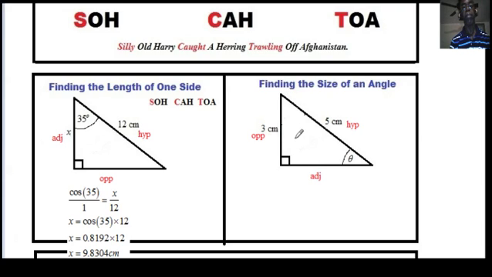In this example, we are not doing anything that involves adjacent. The two terms involved here are opposite and hypotenuse, so we have to use the function involving opposite and hypotenuse.